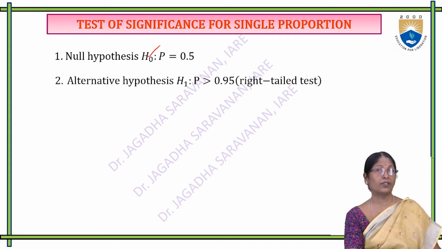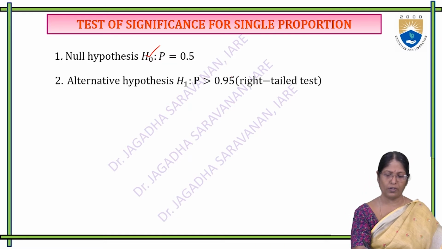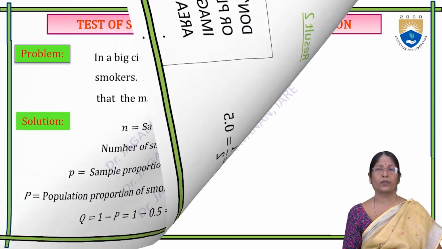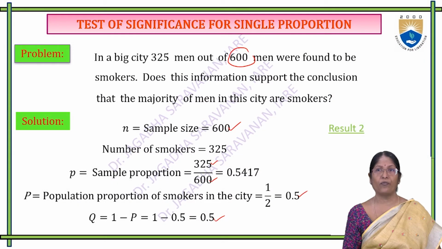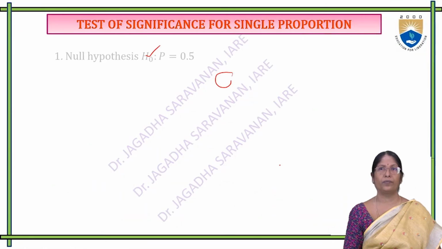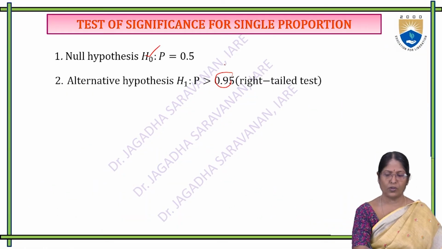We rejected in such a way that capital P is greater than 0.5. I think the data here is wrong. It is 0.5417 here; that data should be written here.